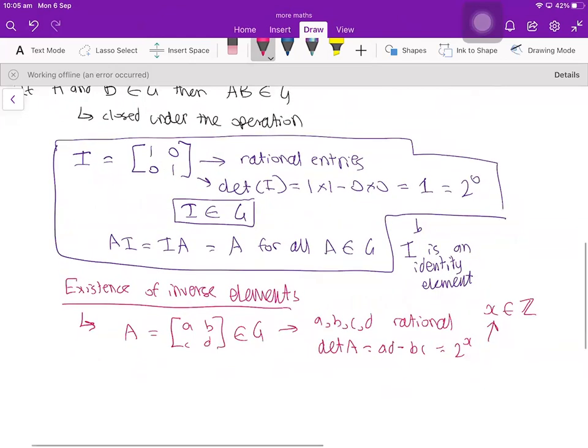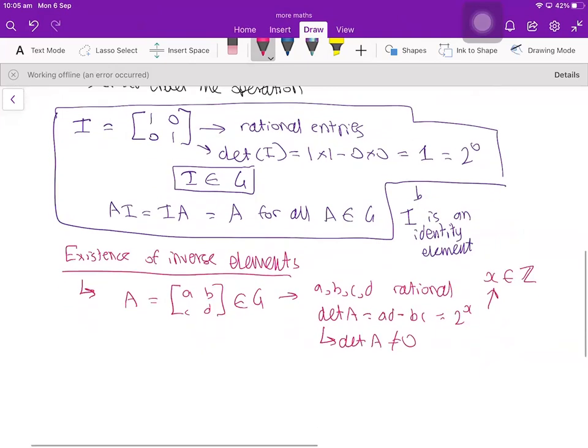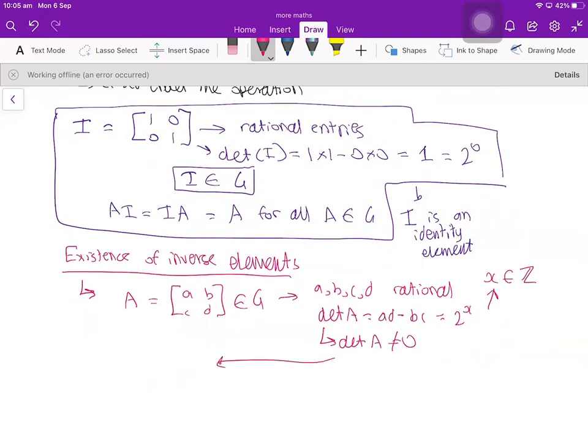Importantly, determinant of A is not equal to 0, which means there exists an inverse matrix for A, because the determinant is an integer power of 2, which is not equal to 0.